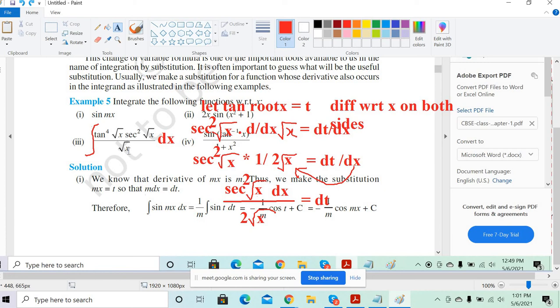Now you have to just visualize what all things can be replaced with this expression. Secant square root x is also there in the numerator part of the question. With dx here, it becomes secant square root x dx. So the entire numerator got replaced with something called dt, right? And root x is in the denominator also. So the entire secant square root x by root x dx can be easily replaced with 2 dt.